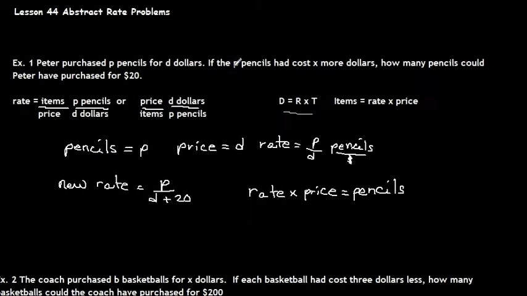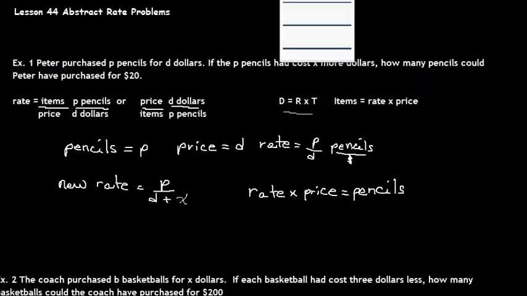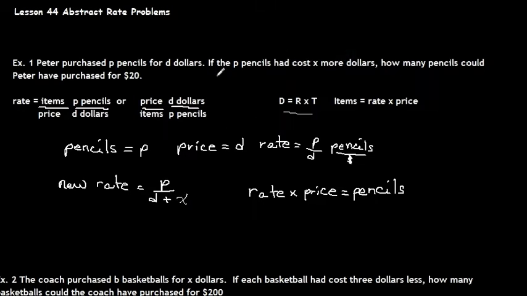If P pencils had cost X more dollars, and I have to erase this 20 and put X here. So X more dollars. It says if P pencils, that means all the pencils, cost X more dollars. So instead of it just being dollars, we're going to make it dollars plus X.